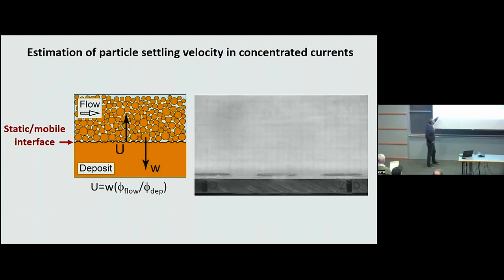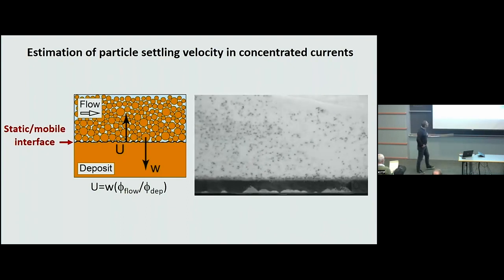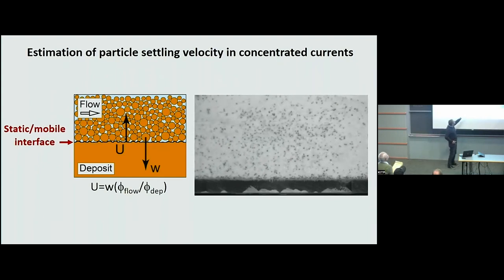The particles settle at a typical velocity W. This creates deposits and the so-called static mobile interface, which migrates upwards as the deposits form, and this occurs at a typical velocity U. This is illustrated on this video. The flow head slides, onset of deposition occurs, and then the static mobile interface migrates upward at a fairly constant velocity that we can measure in experiments.